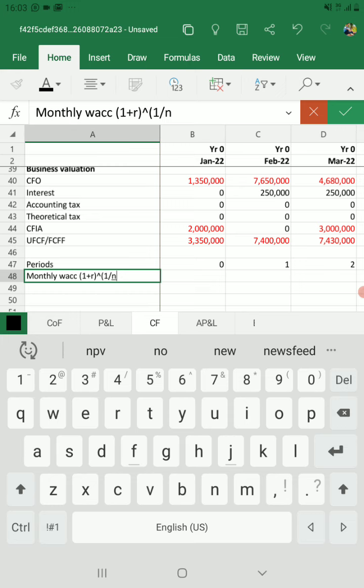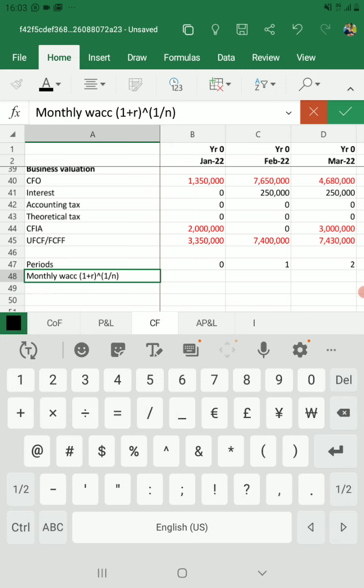Okay, and then I close the bracket, and then I minus 1. Okay, so this is how we will convert our annual WACC to our monthly WACC.